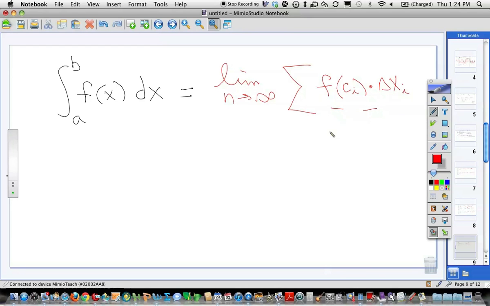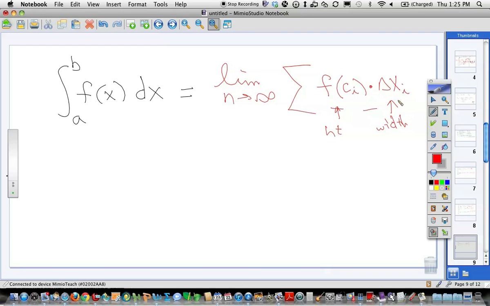Because this is your height, this is your width, right? And we're going to do an infinite number of those. Now look at those two. There are some similarities here. This is a Greek letter S. This kind of looks like an S. I know, it's a stretch, but still.